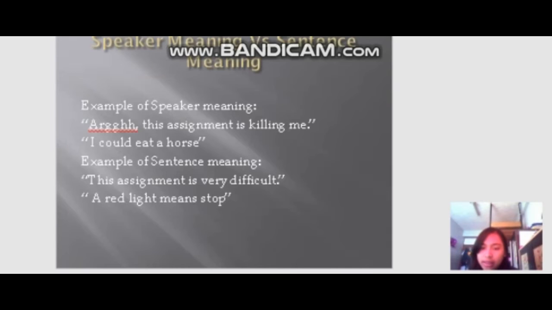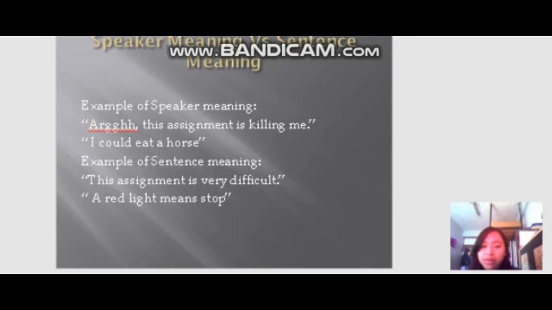Okay, now let's see speaker meaning versus sentence meaning. Speaker meaning and sentence meaning are both important. There is a gap between speaker meaning and sentence meaning.